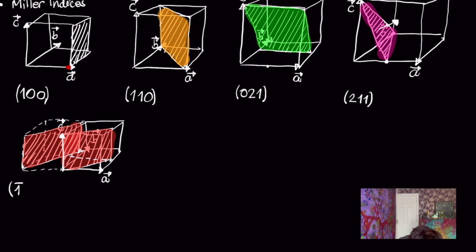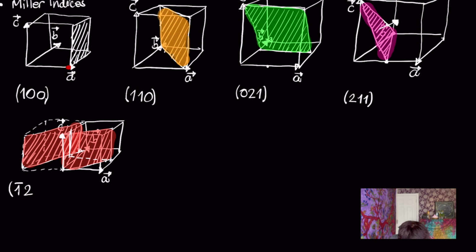What about our B? Well, thankfully B won't change. The point at which the plane cuts along the B axis won't change either. In this cell, it should be the exact same. It's going to be halfway along. I didn't do a very good job of drawing it, but this is in fact halfway along the B vector right here. So 1 divided by a half is therefore 2. And what about the C?